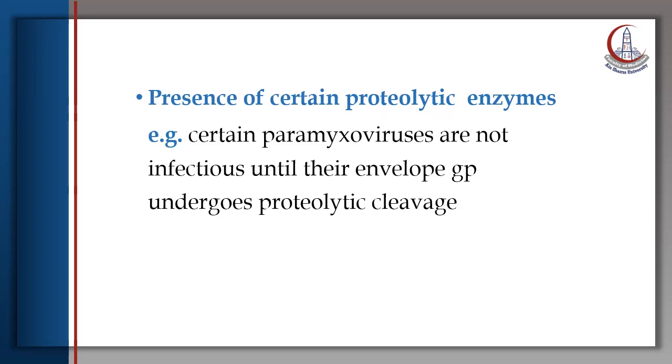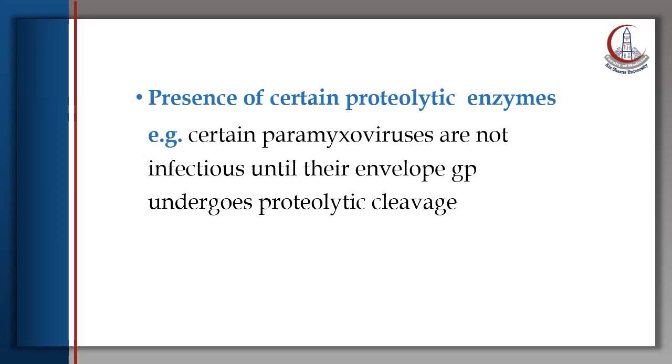A mechanism for cell tropism is the proteolytic enzymes. Some viruses need certain proteolytic enzymes to be infectious. For example, we have paramyxoviruses, which have certain glycoproteins on their surface, which are responsible for attachment to the host cell. These glycoproteins are not active except after certain modification.